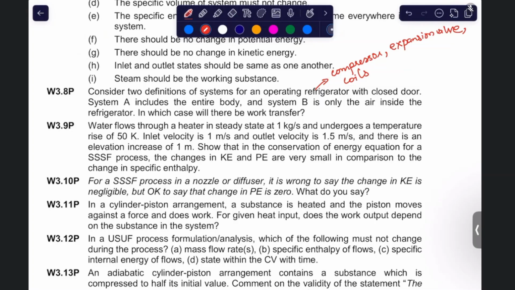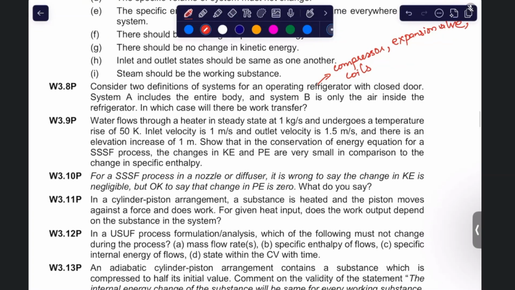and whatever shaft work or flow work is inside the system we are not considering at all. But when we are thinking about just the air inside, then the fan inside the refrigerator is doing work on the air. So there we are seeing the shaft work.